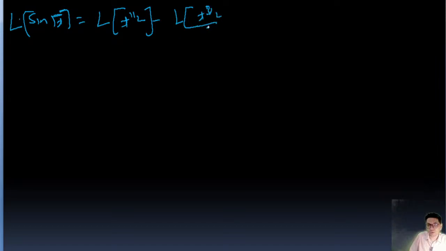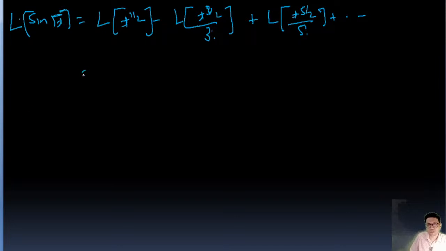Laplace transform of sine root t is going to be the Laplace transform of t to the power half, minus the Laplace transform of t to the power 3 by 2 upon 3 factorial, plus the Laplace transform of t to the power 5 by 2 upon 5 factorial, plus so on.